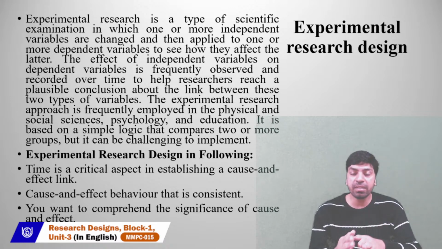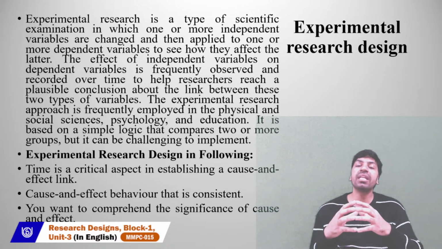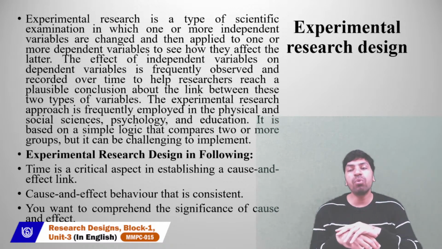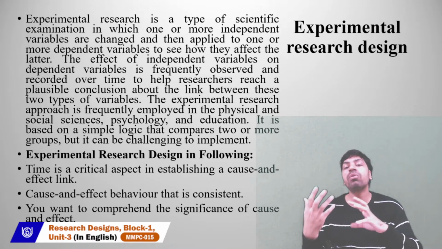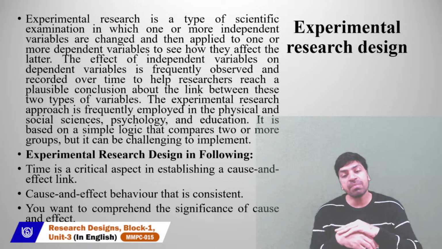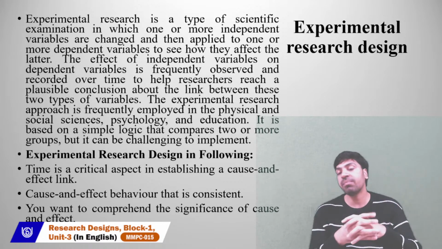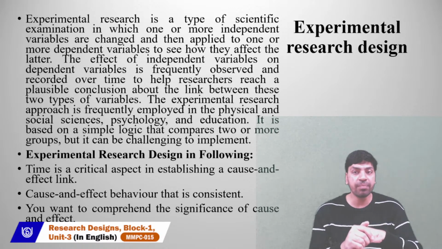We need to consistently find the cause and effect relationship between two or more groups, applying two or more dependent or independent variables. That's why it is very challenging to implement this particular experimental research design.